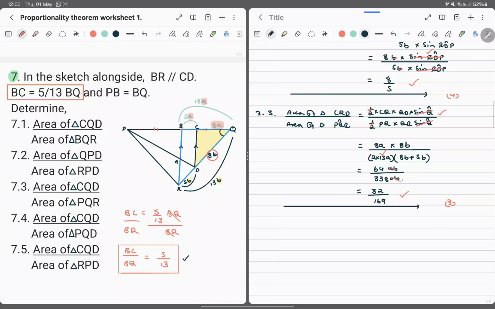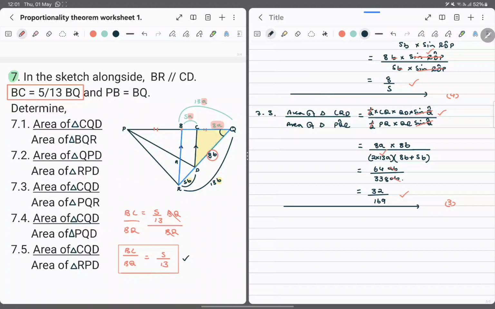Now let's look at the next one. 7.4. We want CQD, which is what we already have, but now over PQD. Again, we can see there's a common angle here.